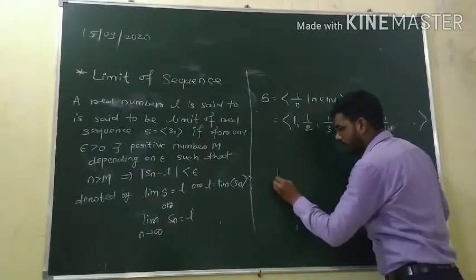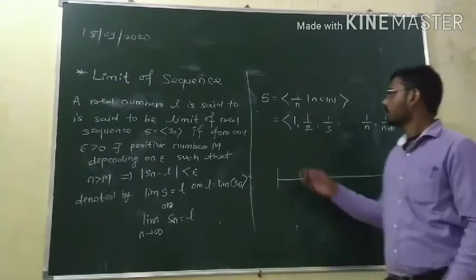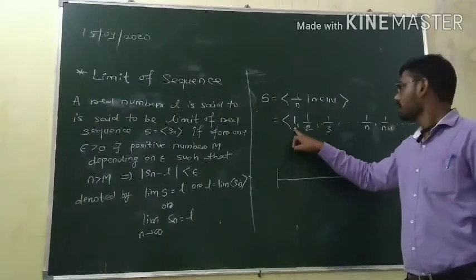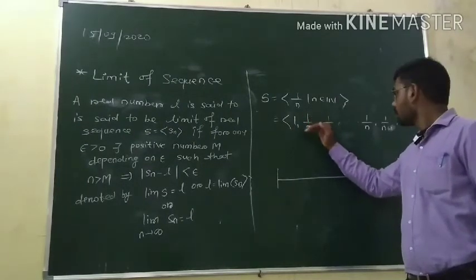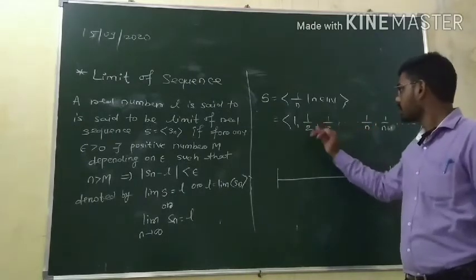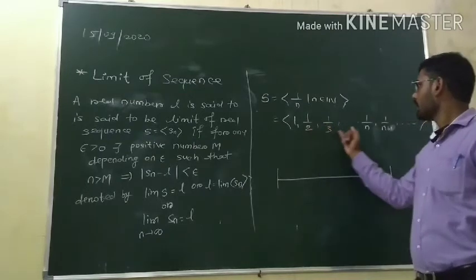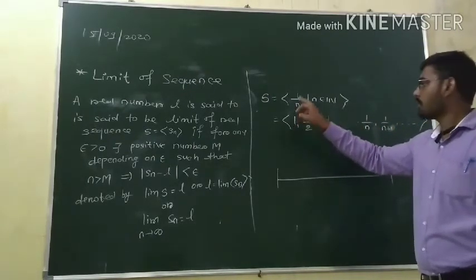Now we will take a real line. We know this sequence is decreasing. See, the first element is 1, then 1 by 2, 1 by 3. The elements are decreasing. 1 by 2 is less than 1, 1 by 3 is less than 1 by 2, and so on. So 1 is the least upper bound of this sequence.